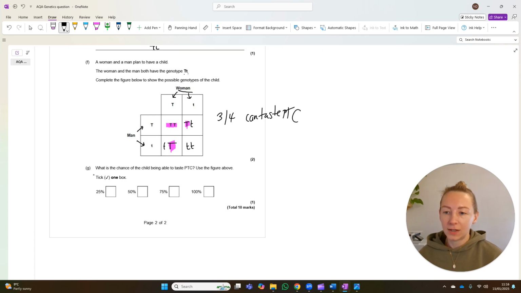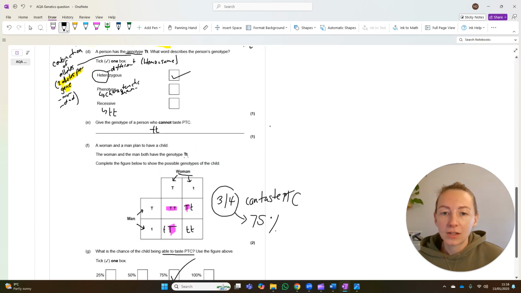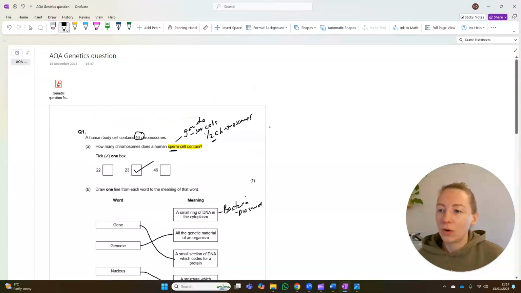It says, what is the chance of a child being able to taste PTC? So using the figure above, we've got 25%, 50%, 75% or 100%. And we've got 3 out of 4, which is the same as 75%. So we're going to go for 75% there. And that's it. That's your first exam question on AQA Genetics.